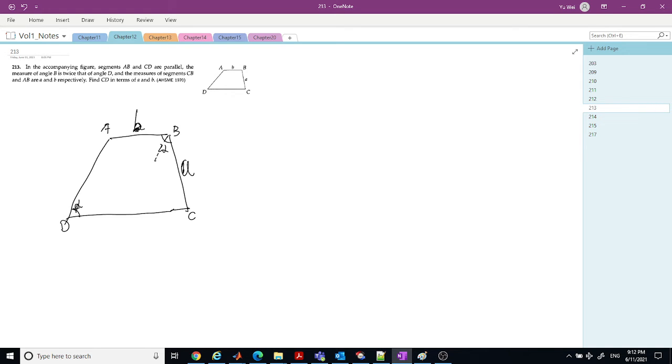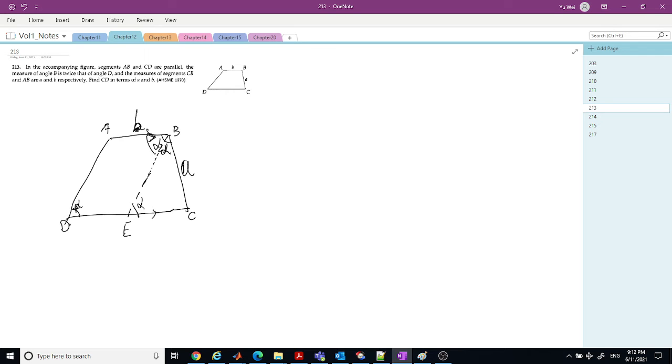So now let's draw an angle bisector, right? Let's say this is E, right? By angle bisector, this is alpha, right? And AB and CD are parallel, right? So by the alternate interior angles, this angle is alpha. And you can see if this angle is alpha, right?